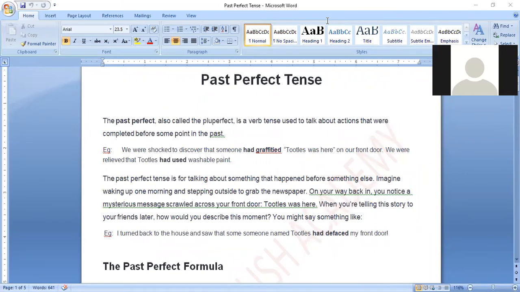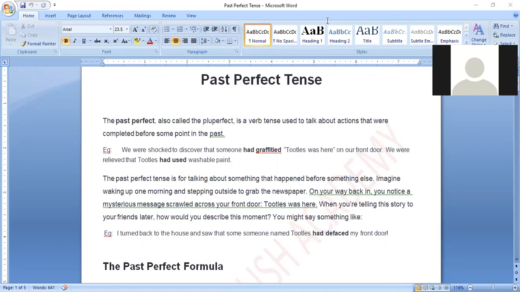The past perfect also has another name, that is Pluperfect. Past perfect is called Pluperfect. It is a verb tense used to talk about actions that were completed before some point in the past. Clearly, the total notes are given here.